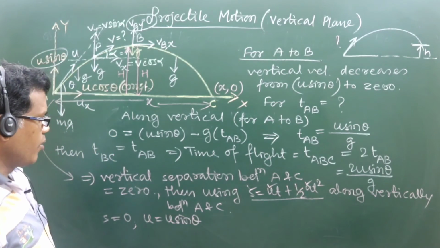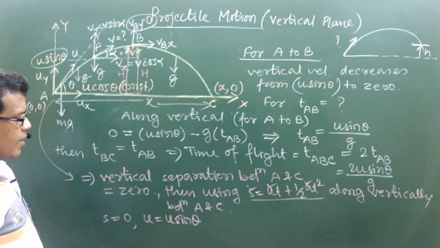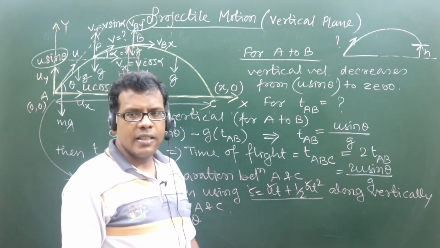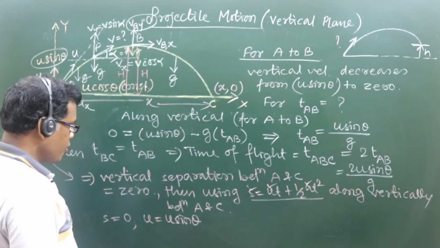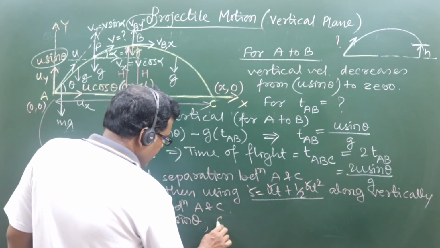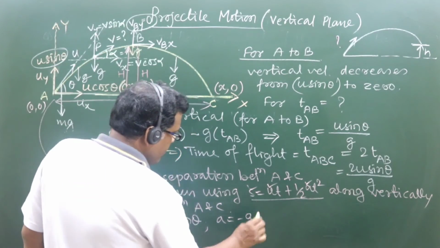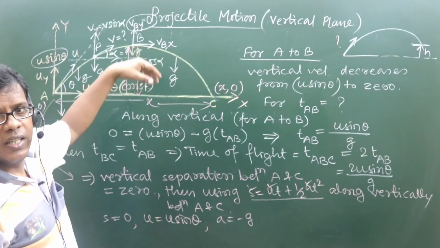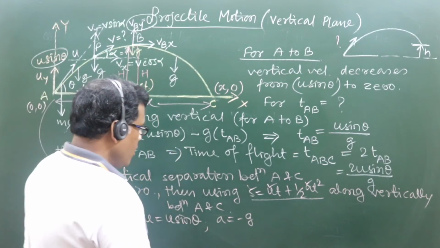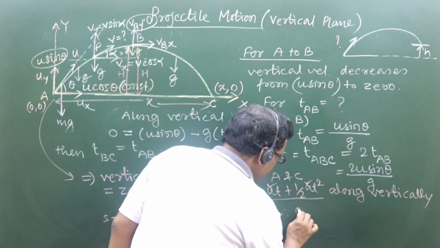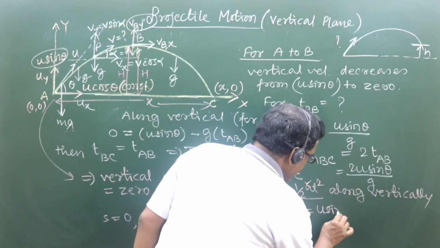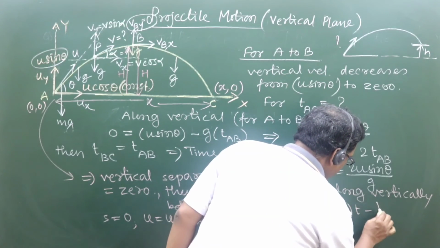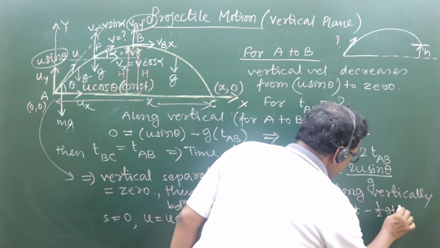So if we are talking about vertical displacement, the initial velocity should be taken vertical, and a too should be taken vertical. So initial velocity is u sin theta and a to be used as minus g, because acceleration is vertically g in the downward direction. So therefore it will be 0 equal to u sin theta times t minus half g t square.